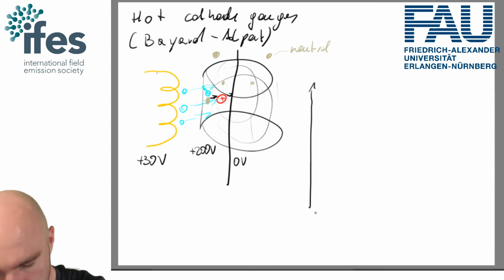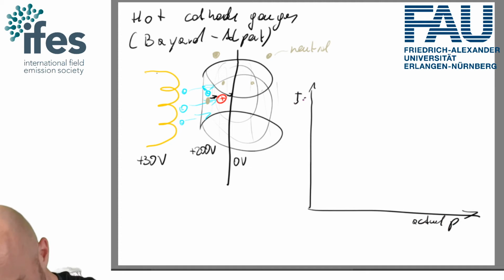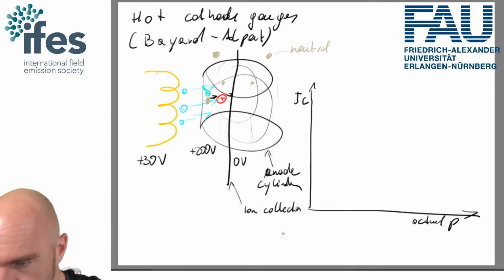And if we then plot actual pressure P versus IC, so this is our anode cylinder, this is our ion collector, and at the ion collector we have the collector current IC, and this is our hot cathode.